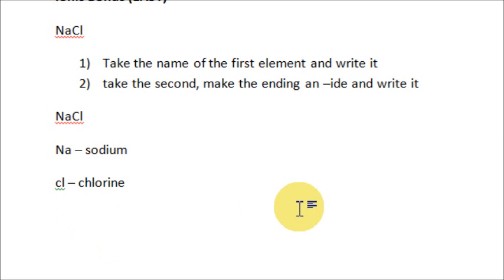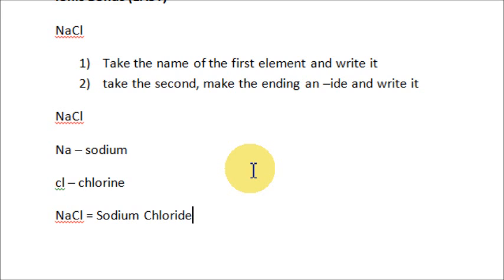So, sodium and chlorine. Step one, take the first one, sodium, and write it. Now take the second one, chlorine, change the ending to "ide": sodium chloride. Boom, there you go. Easy.